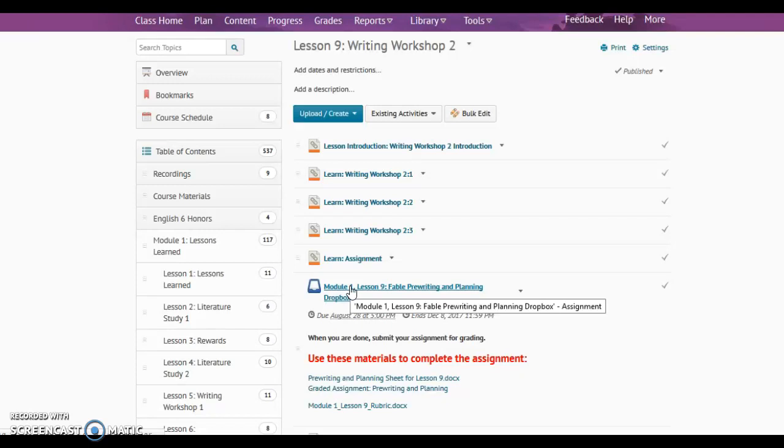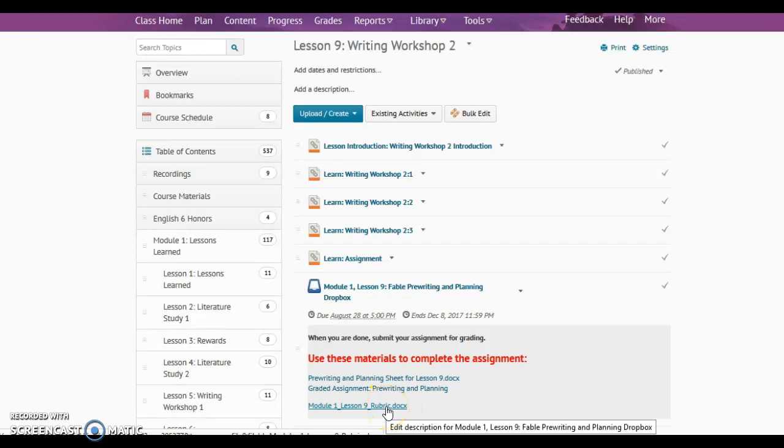You won't get an automatic grade on this like you do the quizzes, because this is something that I have to grade. Usually you'll get your grade back within the next 3 days. Usually it'll say digital materials, but for this one I put "use these materials to complete the assignment." When you click these materials, they'll give you the instructions.